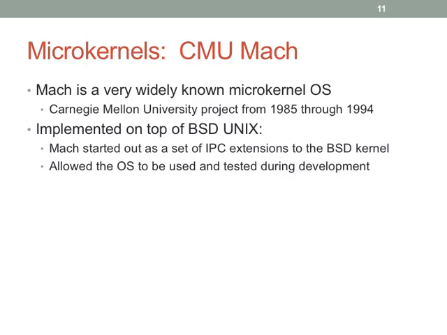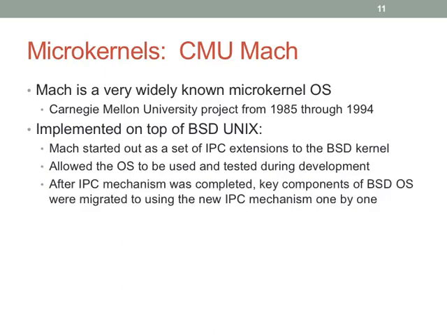But anyway, they did this in a really clever way. They started with BSD Unix, and they basically started adding facilities to BSD, so that they could continue running this OS. They completed the IPC mechanism, and then they started migrating chunks of the BSD kernel out of kernel space and into user space. Okay?